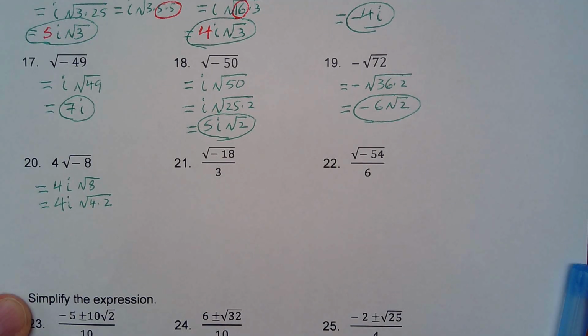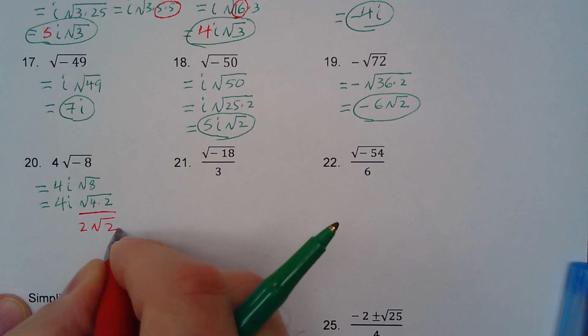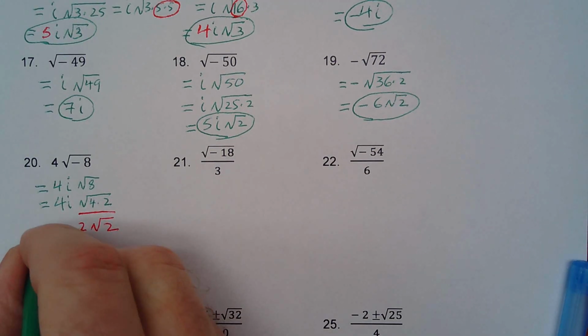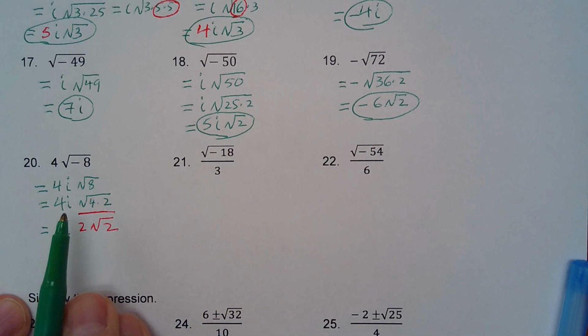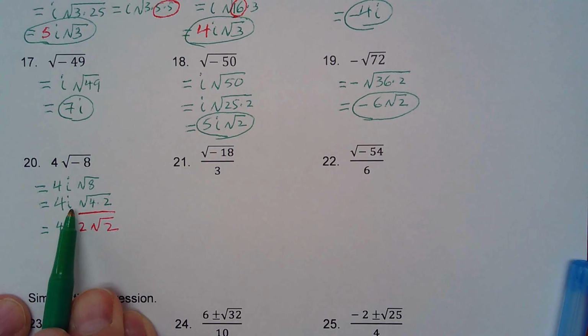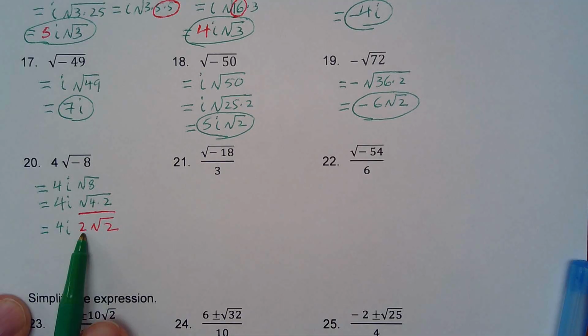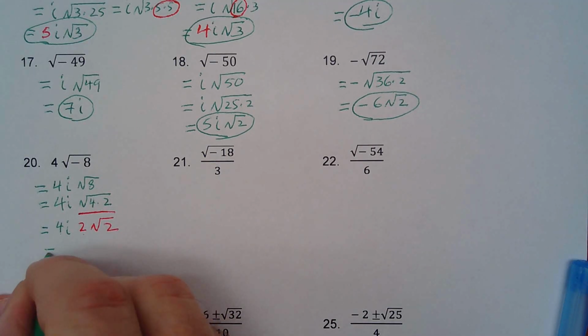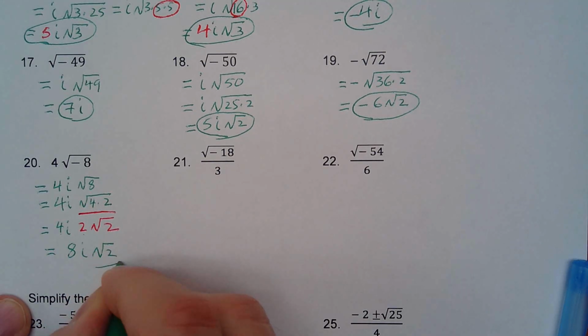So when I break this down, that breaks down into 2 square root of 2. But then you have this 4i here. Since there's no operation indicated here, the operation's multiplication. So I want to multiply the 4 with the 2. And that's going to give me 8i square root of 2.